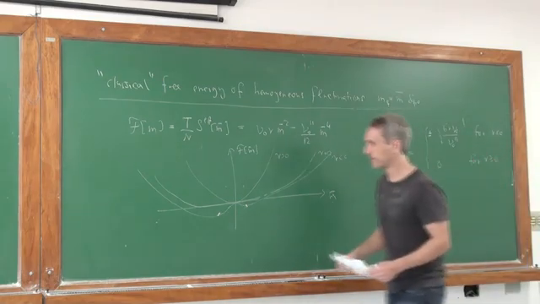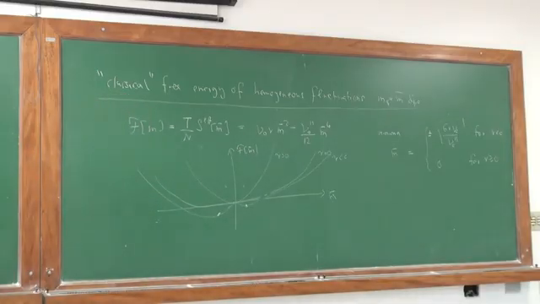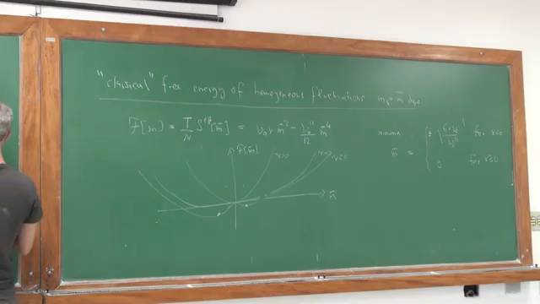Okay, but so let's just make a few comments. So for the second derivative of the density of states being smaller than 0, you have a second order phase transition.